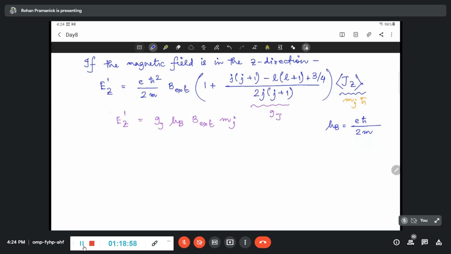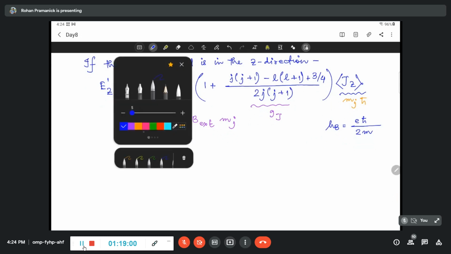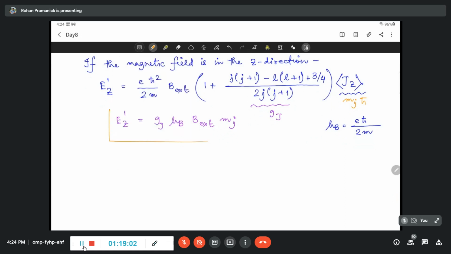So this thing depends on the m_j value of the electron in a state.